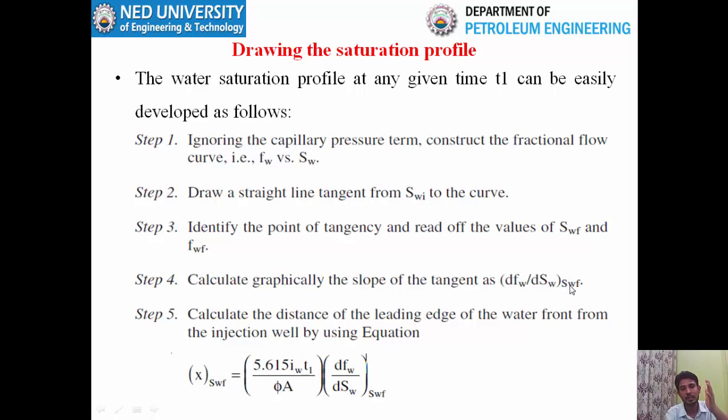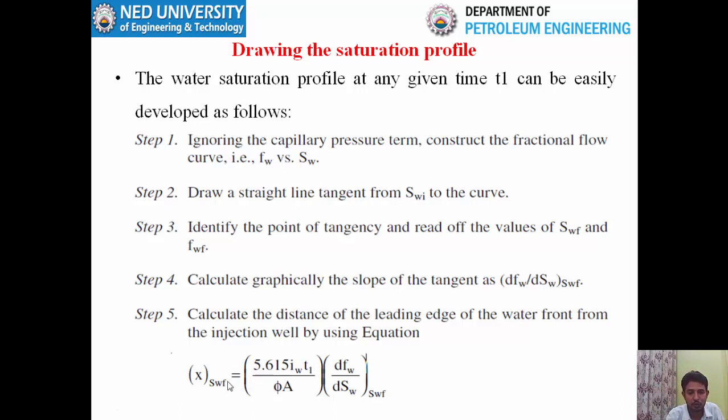You have the tangent, you calculate the slope by y2 minus y1 divided by x2 minus x1, and this is the slope at SWF, because you are interested in calculating the position of the waterfront. And you have the formula. Through the slope, and knowing the injection rate, the porosity and area, and by placing different time values you will get the different positions of your waterfront at different times. At the initial time the waterfront will be near the injection well, and with increasing time, the waterfront will move towards the production well.